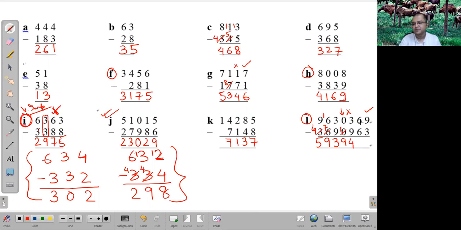And then 6 from 6 is 0. And 3 from 9 is 6. So because we have done 13 minus 9, we have not done 13 minus 10, no need to put a 1 here. 6 minus 6 is 0. 9 minus 3 is 6. Excellent. Very good.